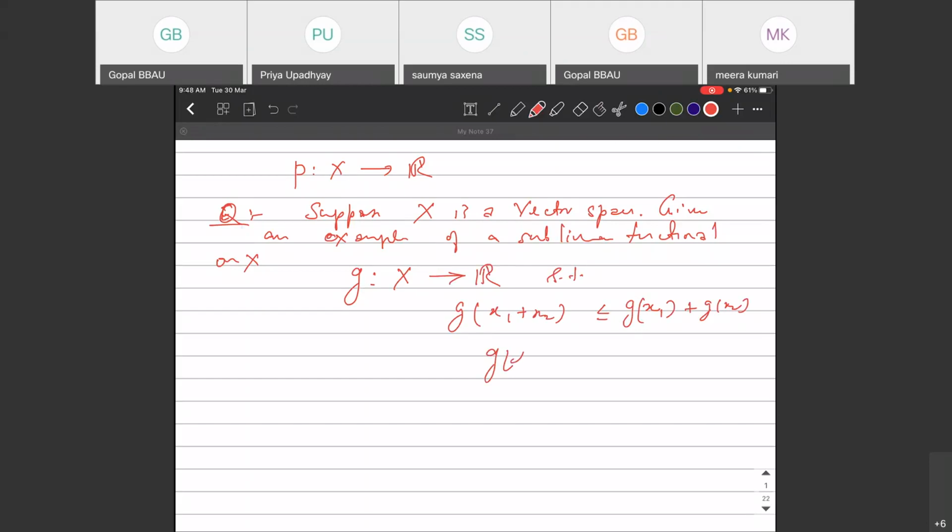Can you give me such an example? So here X is a real vector space.